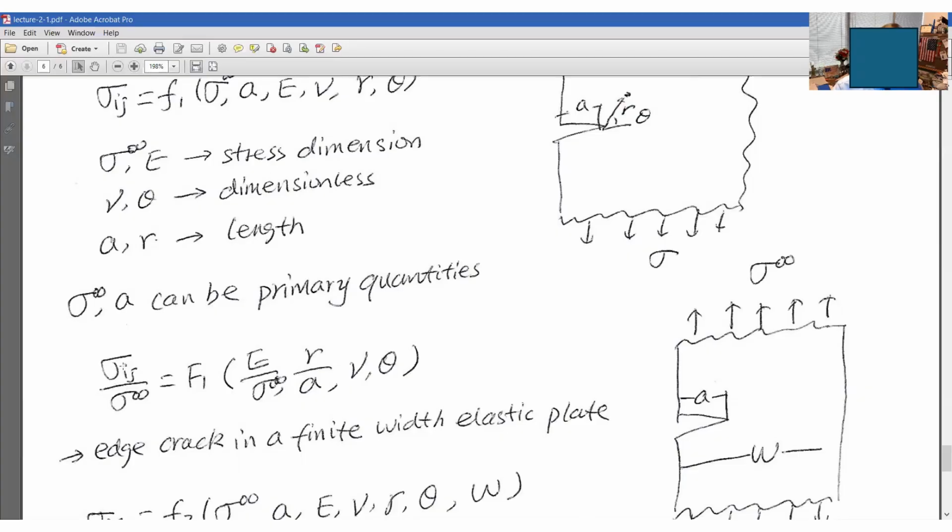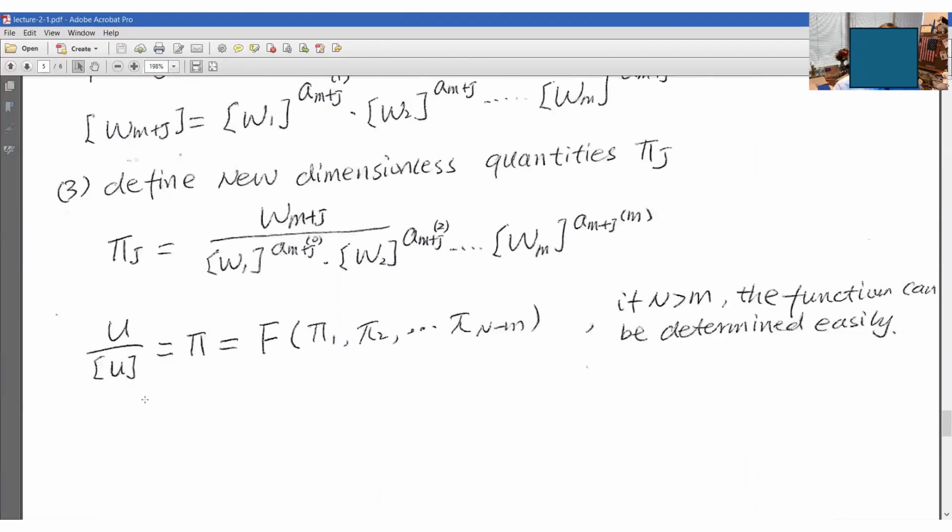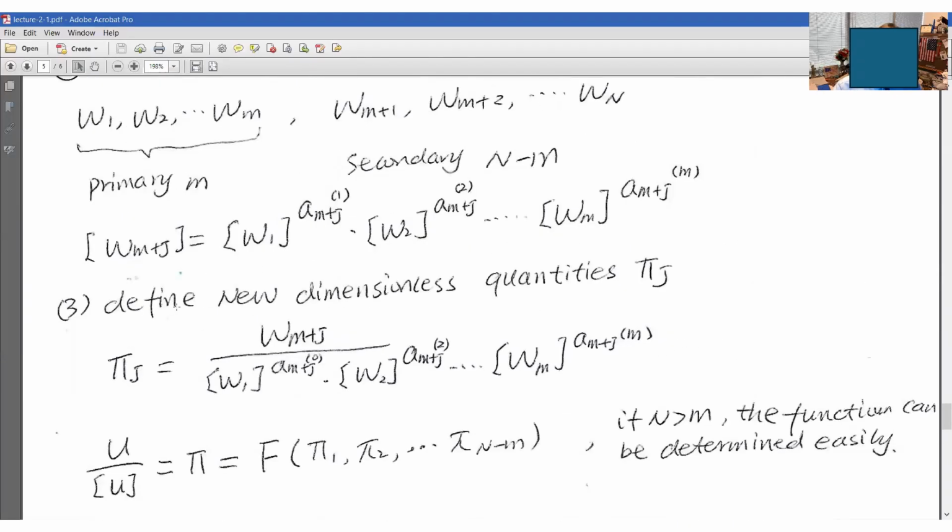So how to do it? Sigma ij divided by sigma infinity. Right, guys? Look at here. I just use a dimension, this dimension I just created, and this guy is a combination of this primary dimension and this primary dimension, right? Then this exponent can be 0, can be 1, can be any number.